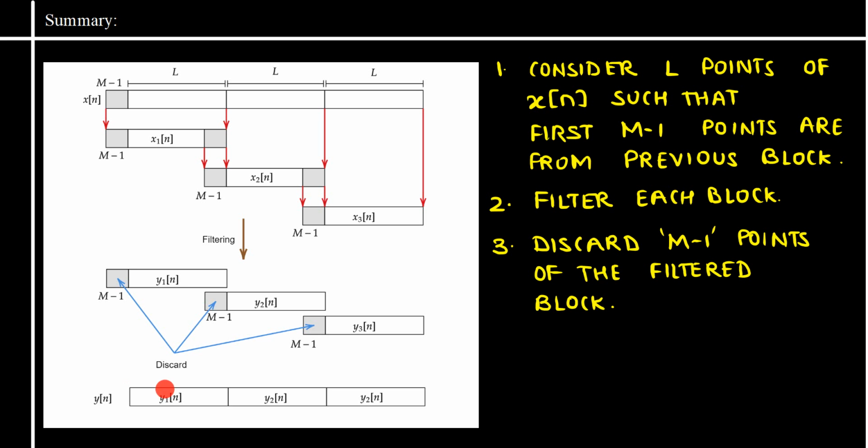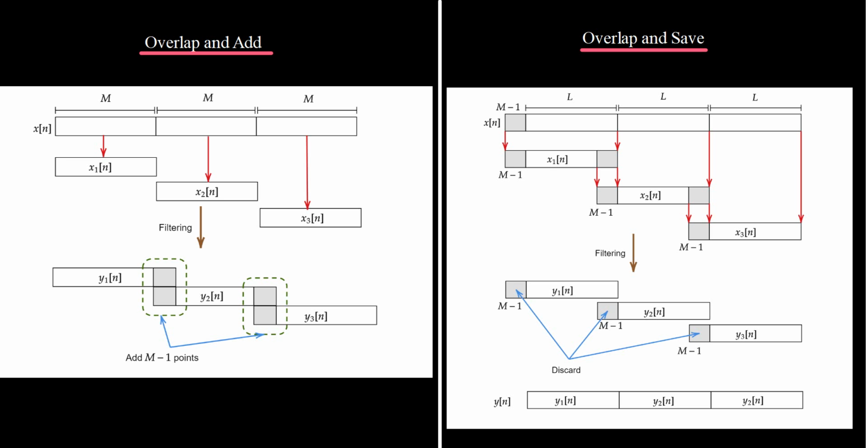After discarding those m-1 points, we just need to append the remaining points in order to get the final y of n output. So for real-time operations, we have looked at two methods. The first one was the overlap and add method, and the second one was the overlap and save method. In both of these methods, we split the input signal x of n into fixed length blocks and then perform filtering.